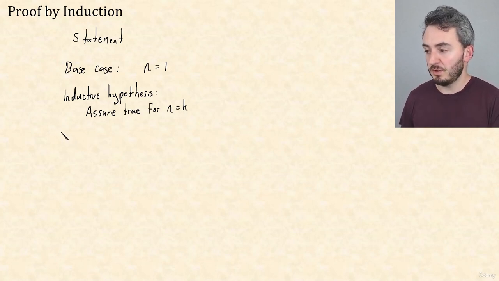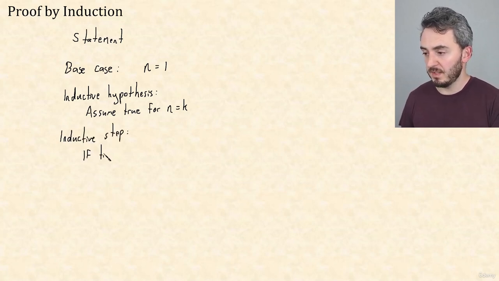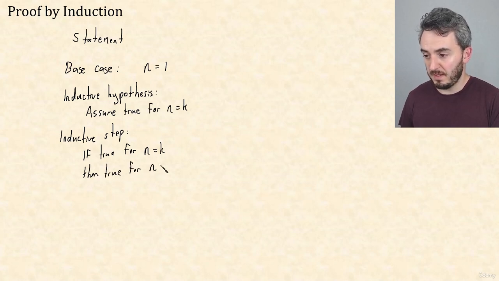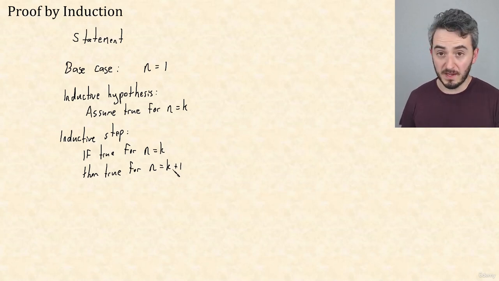And then we go on to the inductive step. And the inductive step is where we prove that if the statement is true for some number k, then it's true for the next number, n equals k plus 1. And if we can do that, then we've proved it for all natural numbers.